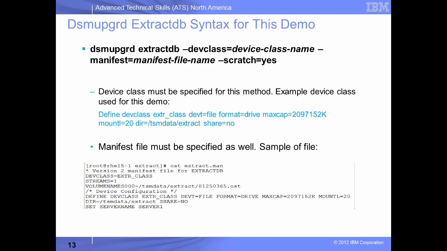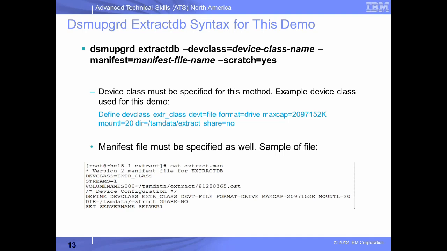Now, we had a lot of questions last week about what is this manifest file, what does it look like. So what I did here was when this extract was all completed, I typed out the file, I catted it out, and this is what the file looks like.